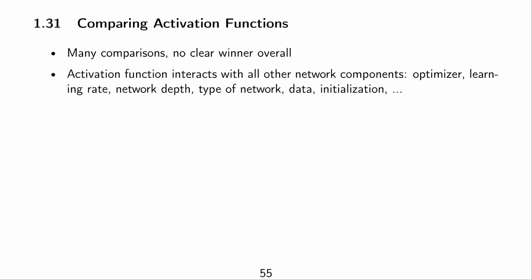The activation function interacts with all other network components: the optimizer, the learning rate, the network depth, the type of network that you're working on, the type of problem, the data that you use, the initialization that you use. In general, it is too complicated to test all these parameters to come to a conclusive result.